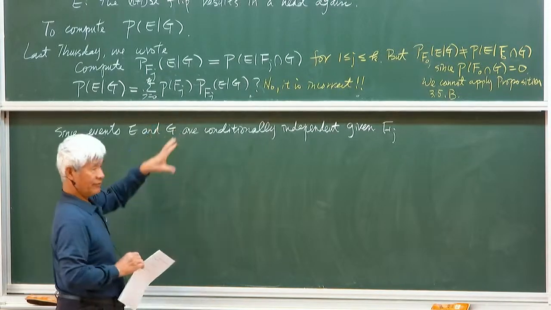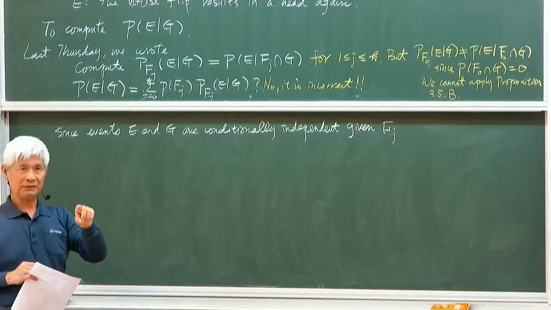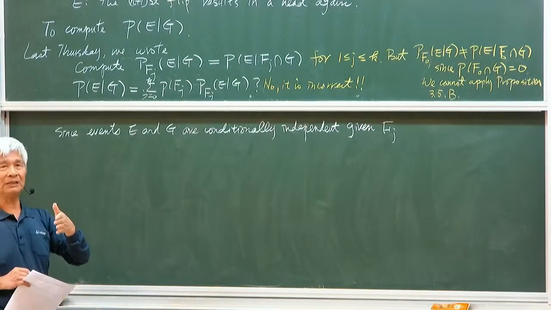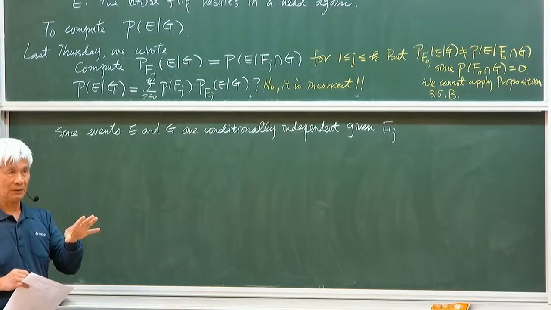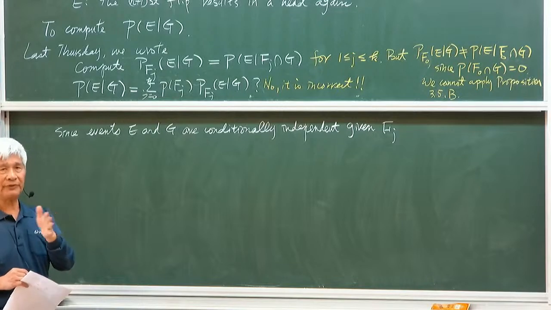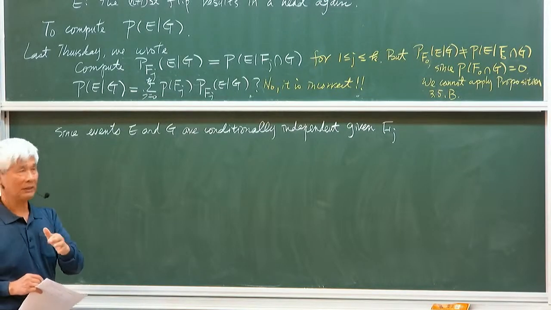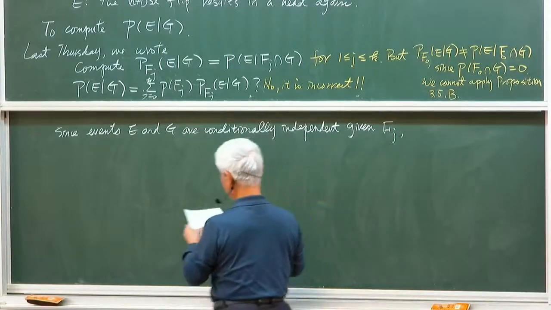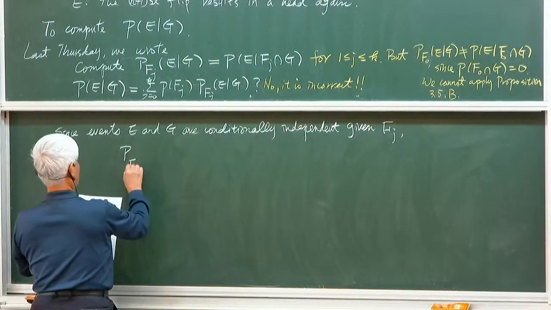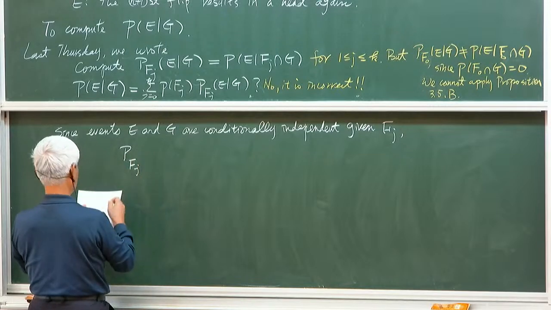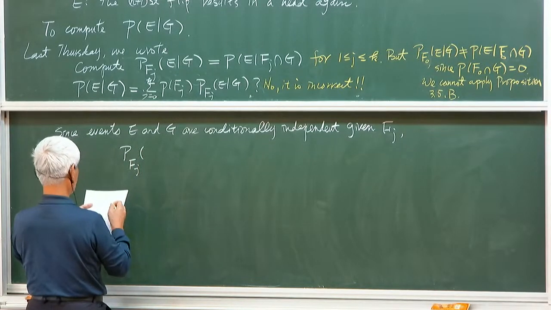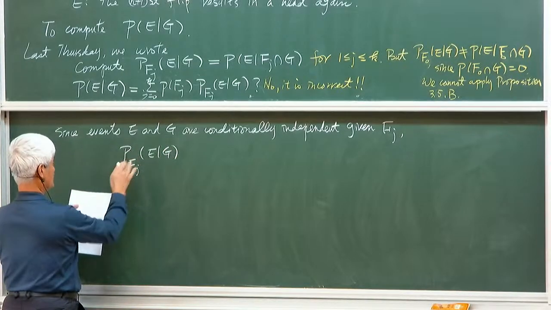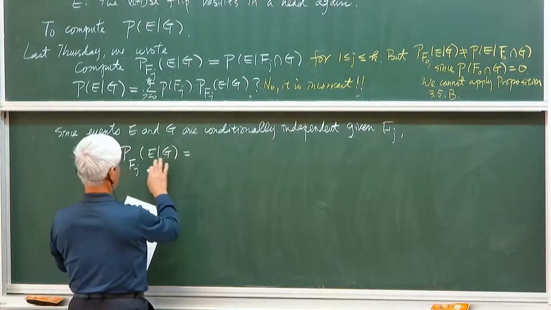Because event G involves the first n flips, but event E involves the n plus 1 flip. Okay, and we know different flips are independent given a coin is selected. Okay, so with this conditional probability function, right? So under this probability measure, we know this is independent.